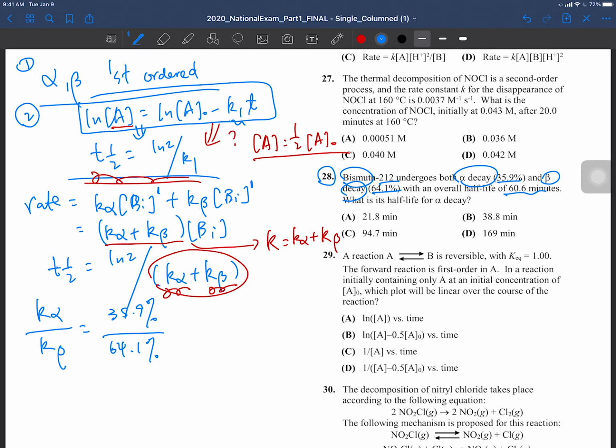Because this is the amount consumed at the same time, so obviously it's related to the K value. So now you know the T half. You don't know the K alpha and K beta, but you have 2 independent equations. Both are linear equations. So I think you should be able to solve both the K alpha and the K beta by yourself. Does this make sense to you?